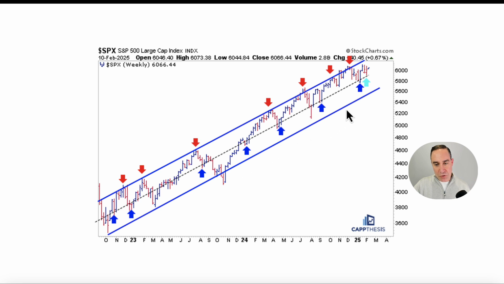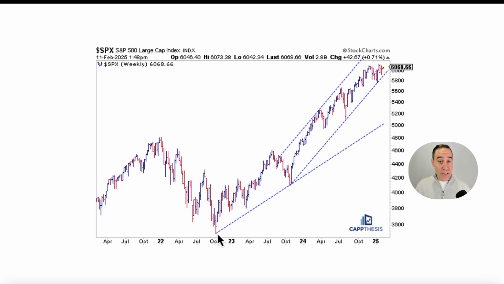It's much better to draw the line connecting there. And that's what this would look like, starting with the same point here, the October 2022 low, connecting the October 2023 low. The S&P is way above that, but the action from the October 2023 low here gives us an additional trading range, which has been holding as well. Which trading channel makes sense to you? That's the most important part.